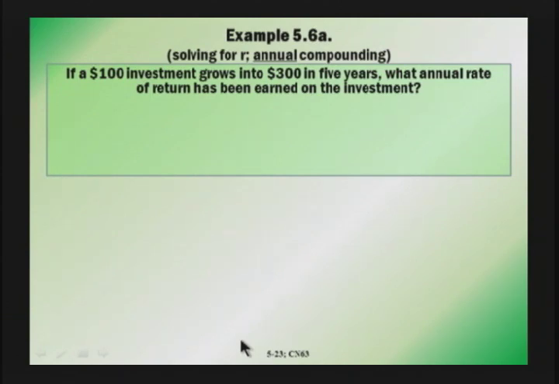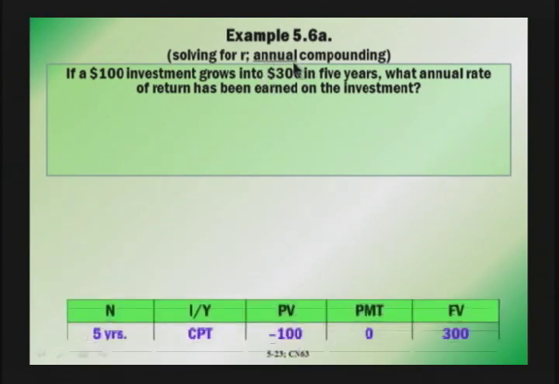In this example, $100 grows into $300 over 5 years. And initially we'll do this for annual compounding to see what kind of rate has been earned. Remember, if the $100 is invested up front, it should be negative, and the $300 you get in the future should be positive.